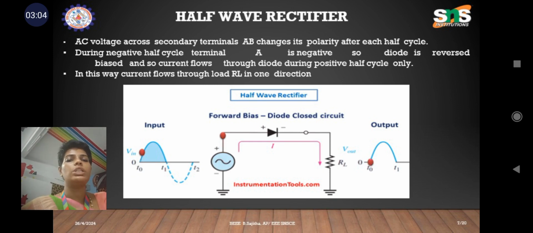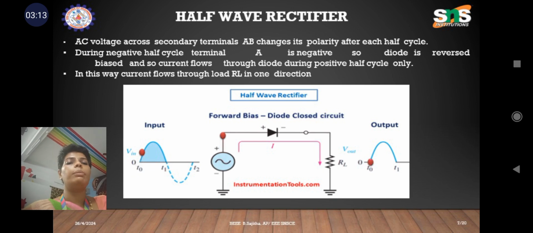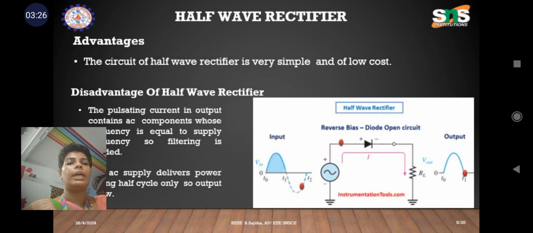The AC voltage across the secondary terminals changes its polarity after each half cycle. During the negative half cycle, terminal A is negative, so the diode is reverse biased, and current flows through the diode during the positive half cycle only. In this way, the current flows through the load in one direction.